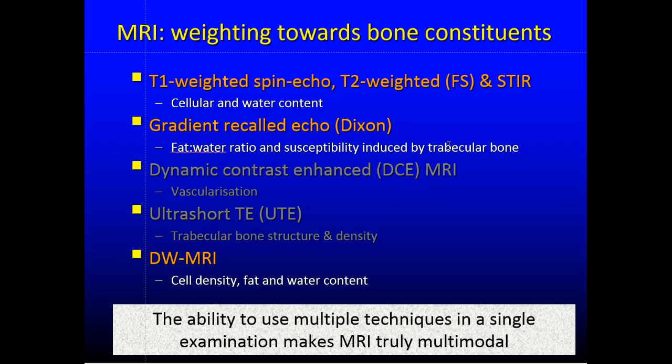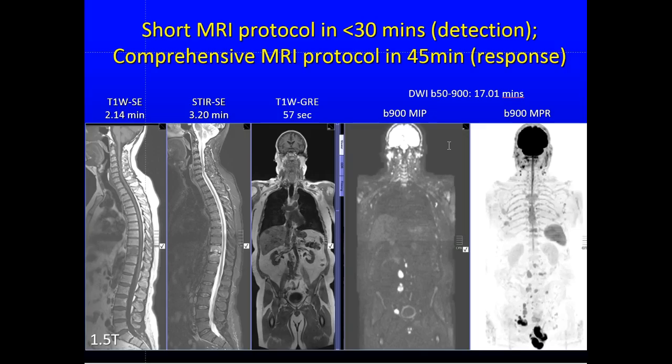And what I wanted to do was to show you that in fact, just by taking three components, you can make a multiparametric technique that you can do very easily in the clinic. And here is an example of a short MRI protocol consisting of one functional technique, which is on the right hand side, which is the diffusion technique, and a morphological technique, which you see on the left hand side.